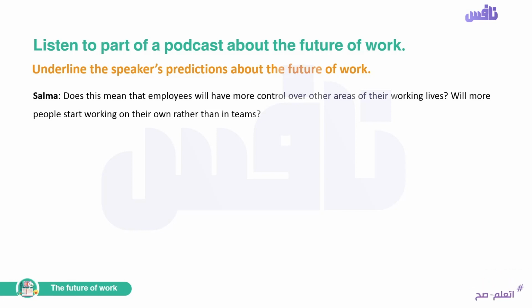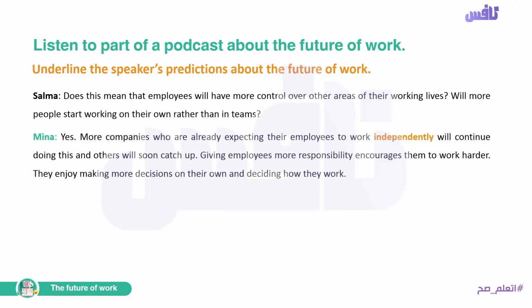Will more people start working on their own rather than in teams? Mina: Yes. More companies who are already expecting their employees to work independently will continue doing this, and others will soon catch up. Giving employees more responsibility encourages them to work harder. They enjoy making more decisions on their own and deciding how they work.